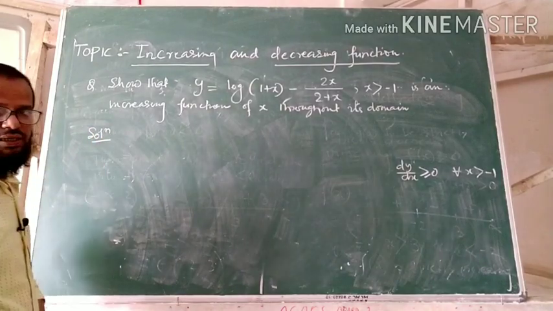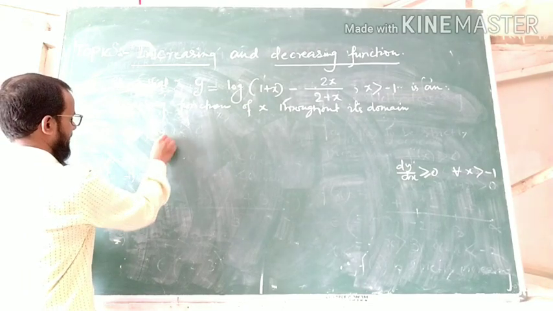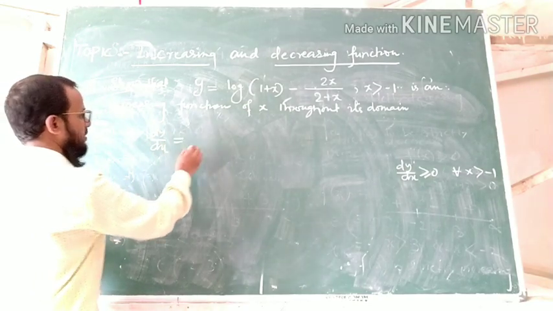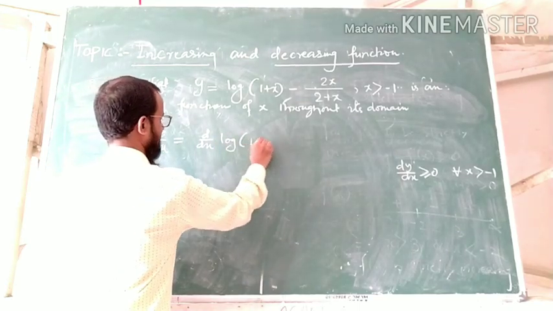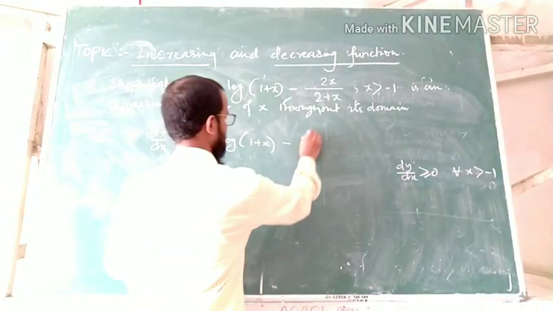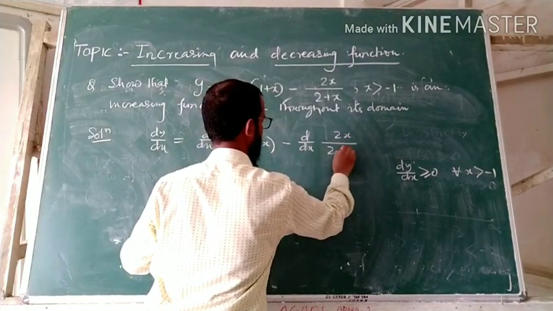So you have to find dy by dx to solve the problem. Dy by dx equal to d/dx of log 1 plus x minus d/dx of twice x by 2 plus x.